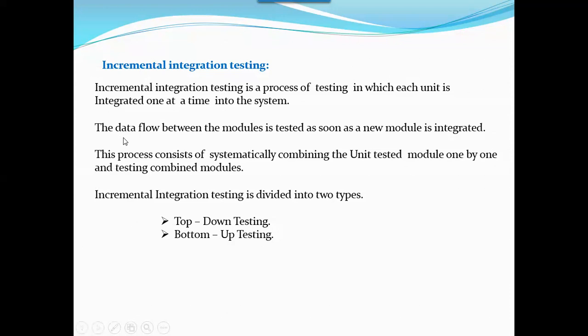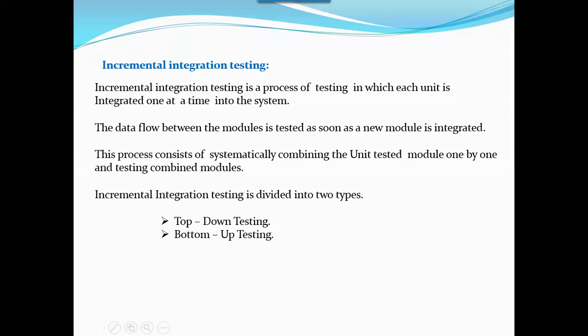We need to check that the data flow between the modules is tested as soon as a new module is integrated. We test the two modules. Again, a new module is added, and we test all three modules. Again, a new module is added, and we test all four modules. Again, a new module is added, and we test all five modules. That is what it means: the data flow between the modules is tested as soon as a new module is integrated. Understood? So that we can call it incremental integration testing.